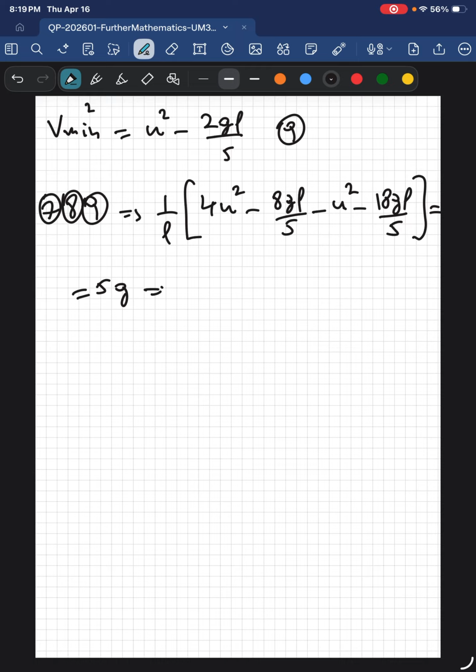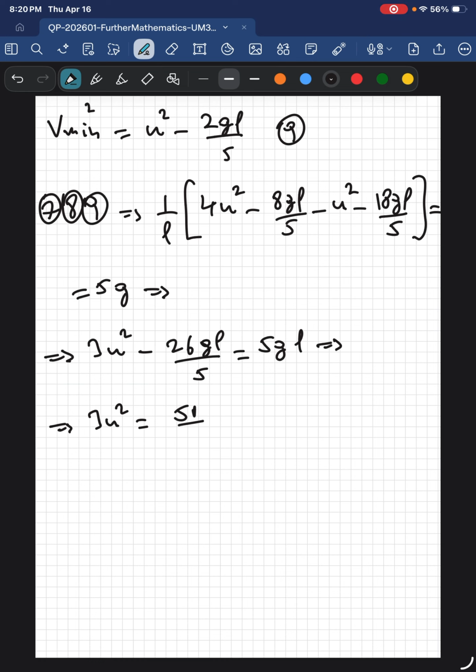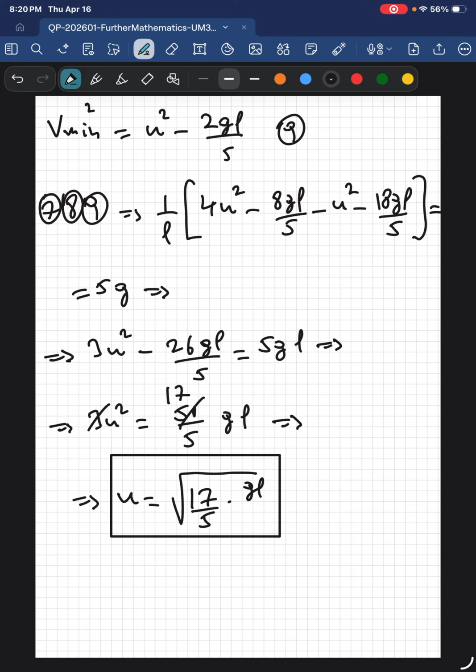So we get that 3u squared minus 26gL over 5 is equal to 5gL. So 3u squared is 51 over 5 gL. We can simplify that to 17. So u is the square root of 17 gL over 5.